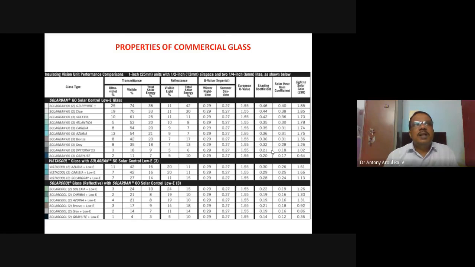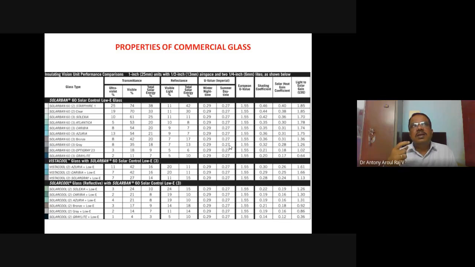When you are taking summer conditions like in India, you will always try to reduce the heat entering into the room. So in that case, you have to reduce the transmittance and go for lesser transmittance. Here in India, if you are going for a lesser U value, because we don't have a very cold winter and we may not be using the air conditioner during the winter, or even if you are using it in the winter, a low U value will not have a very high say, like you have it in cold countries.